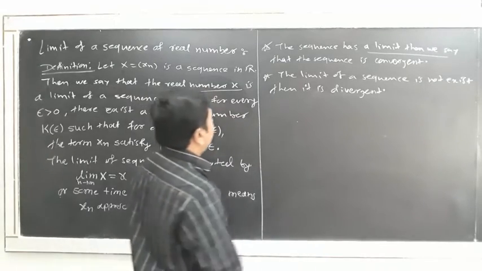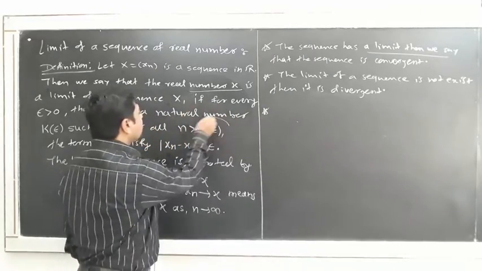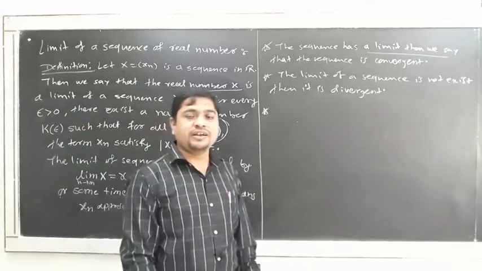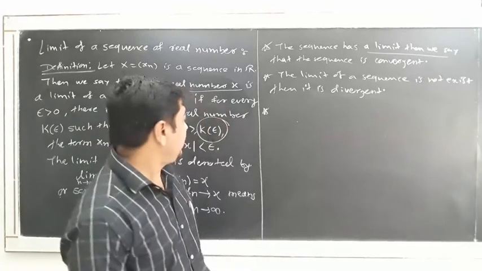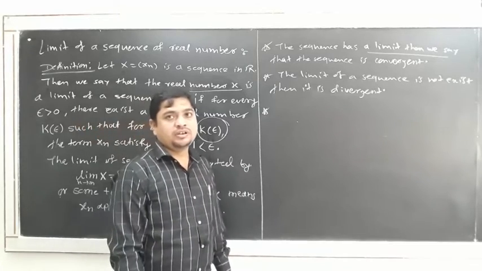Okay. And one more point we have to note: here we have written K(epsilon), but from now on, in the remaining chapter, we are not always writing K(epsilon).